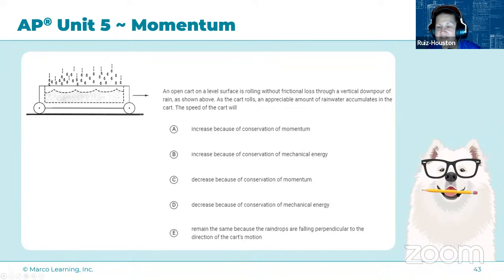As the cart rolls, an appreciable amount of rainwater is accumulating in the cart. What will happen to the speed? So this is kind of open. The friction's not happening on the wheels, but we do have all of this extra mass being added. So it is open. What do you think is going to happen? Were you right? Okay. Is it going to be able to go as fast? No, because we've added so much more mass, that cart's going to slow down a bit.